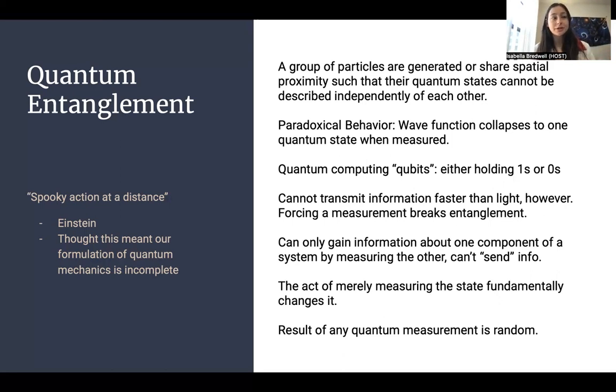So when you want to measure a particle's spin, you can't force it to be a certain way. It's going to be a 50-50 shot of being up or down, right? And then once it's up, the other one is down, but you can't transmit information across that, if that makes sense. And just measuring the state gets rid of the quantum information.